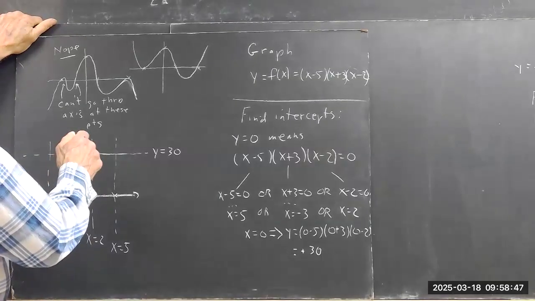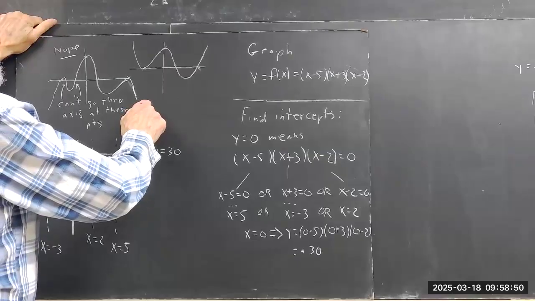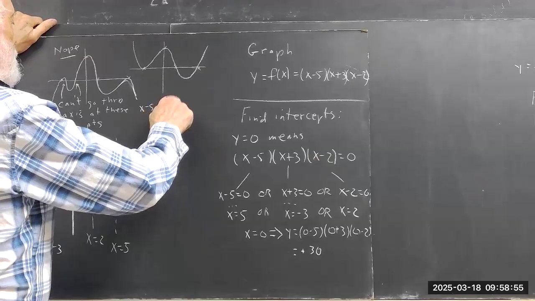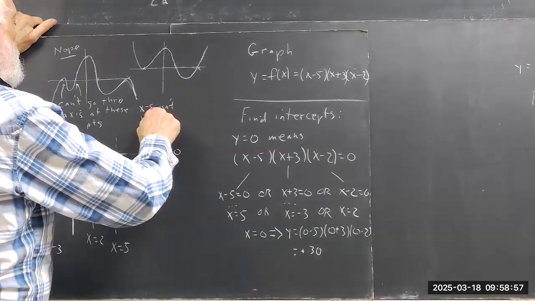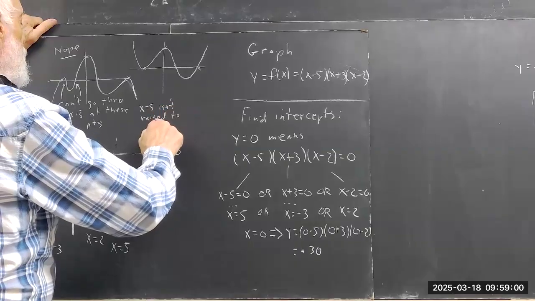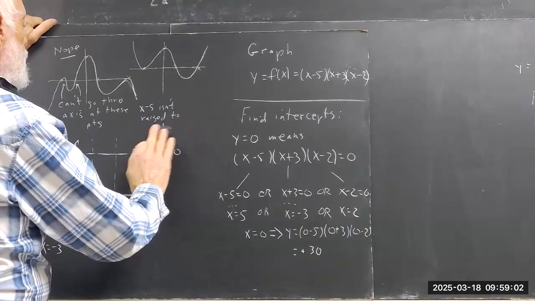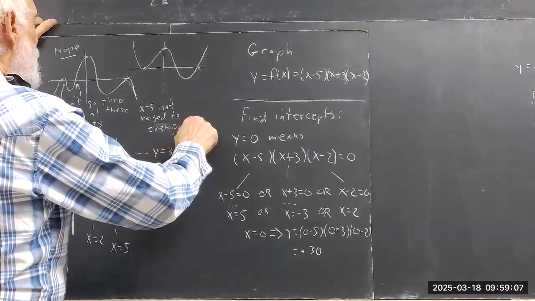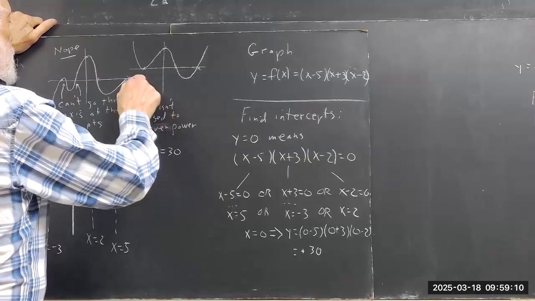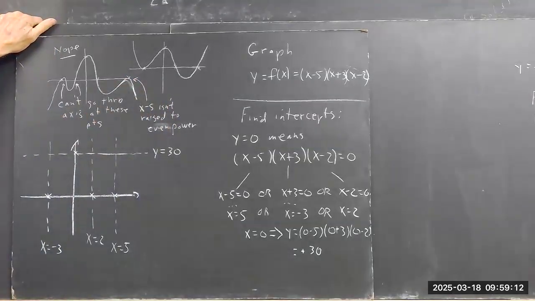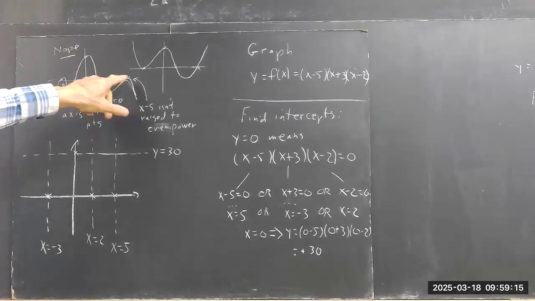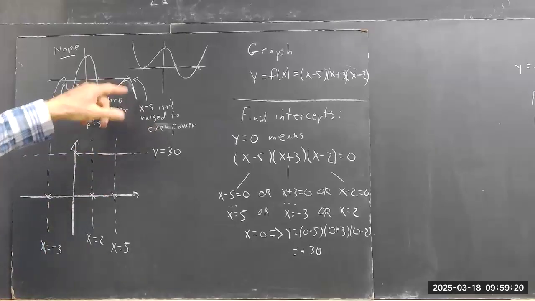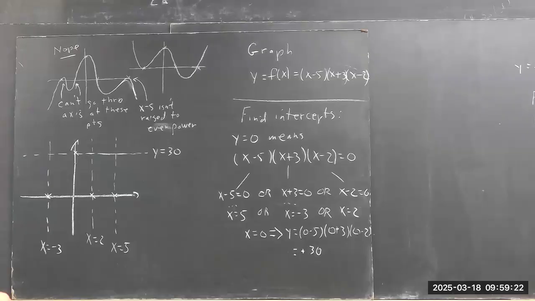And x minus 5 isn't raised to an even power at this point. And the only way it's going to behave like a parabola or a higher even power is if that is raised to the power, okay?